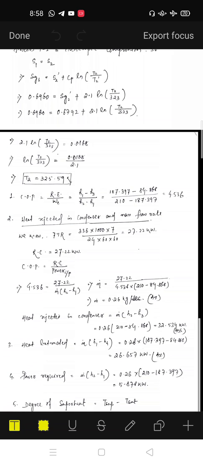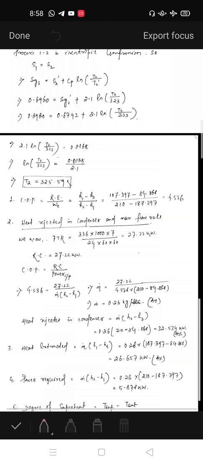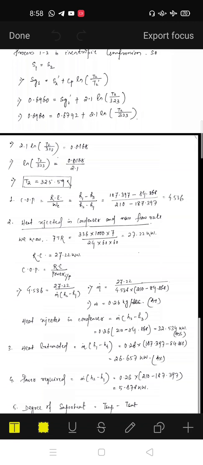And what is the power required? You multiply the mass flow rate with the change in enthalpy in the compressor, that is H2 minus H1, and the result will be 5.867 kilowatt. And what is the degree of superheat? The degree of superheat will be T superheated minus T saturated.